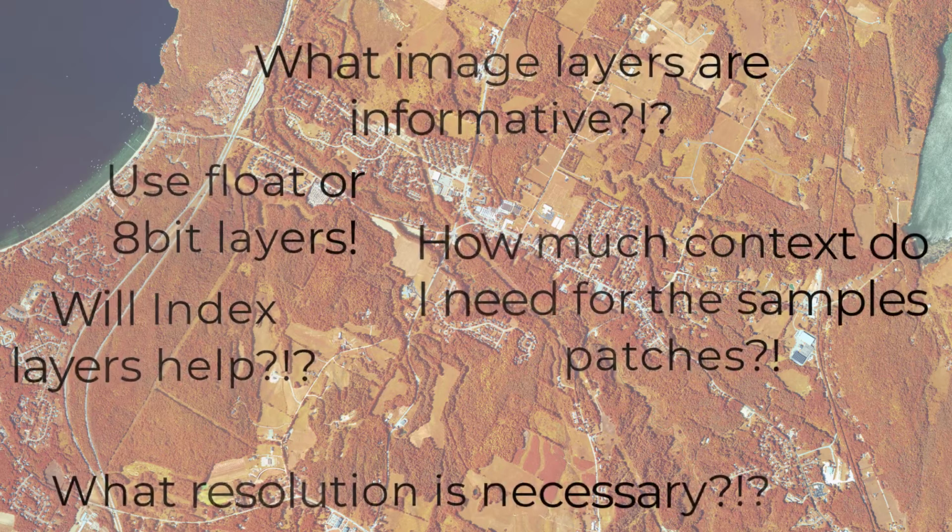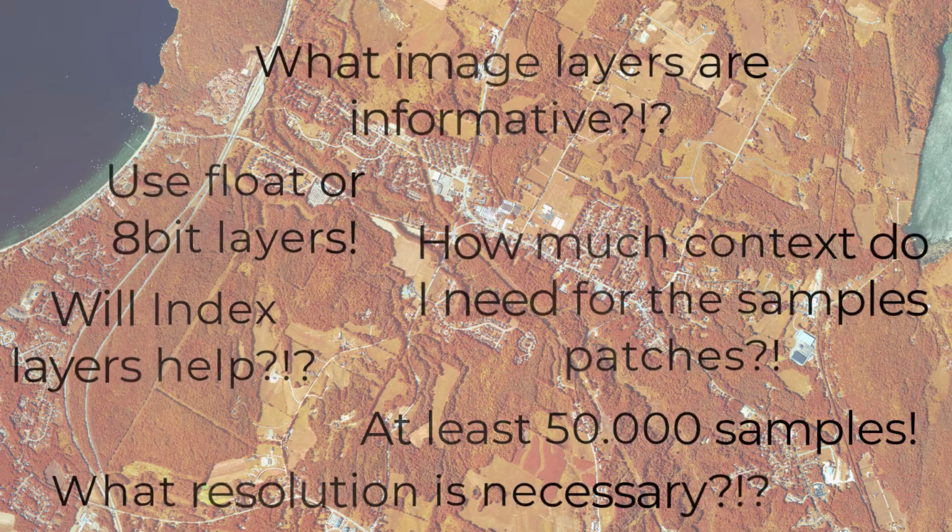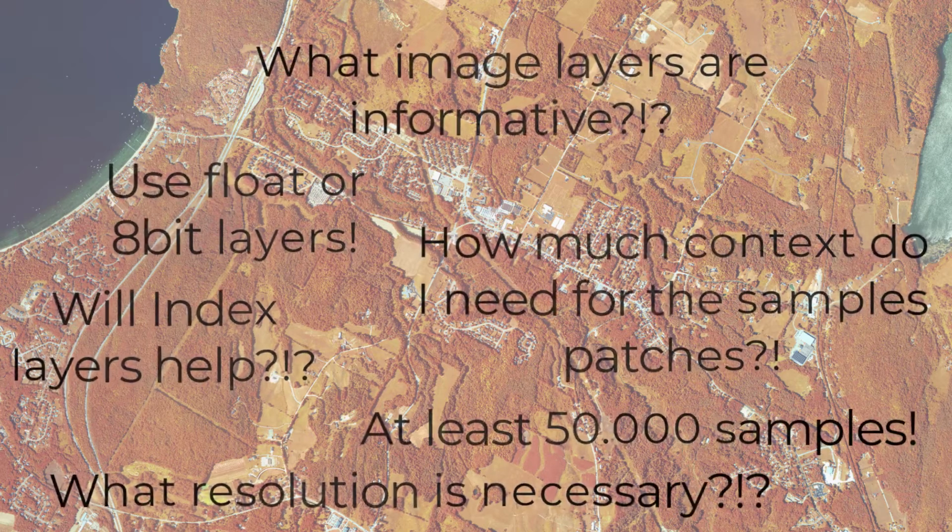You should at least create 50,000 samples over all classes in your first shot, so give it a try. It doesn't make sense to create millions of samples if you just want to test something. So start with few samples. If you're talking about deep learning, a few samples, we recommend at least 50,000 samples.